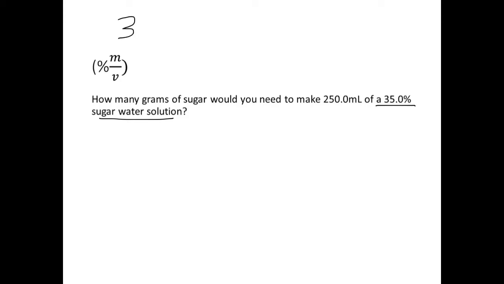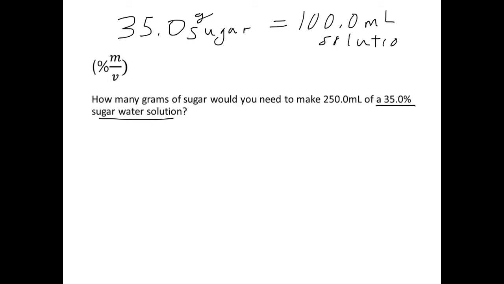In this case, because it's percent mass volume, you're being told that you have 35 parts of sugar, specifically grams of sugar, for every 100 milliliters of solution. So that percent is functioning as a unit conversion between grams of sugar and milliliters of solution. You're wanting to make 250 milliliters.